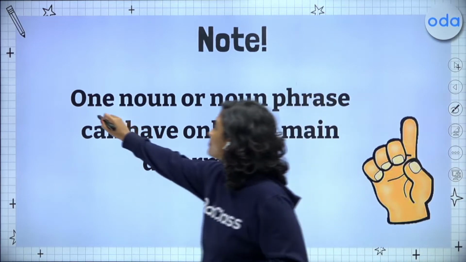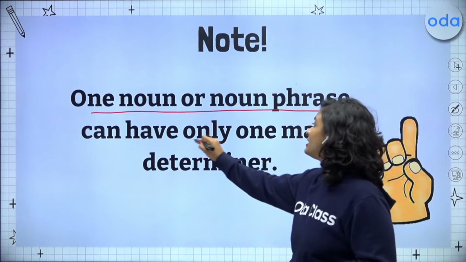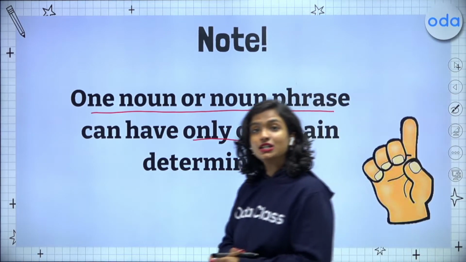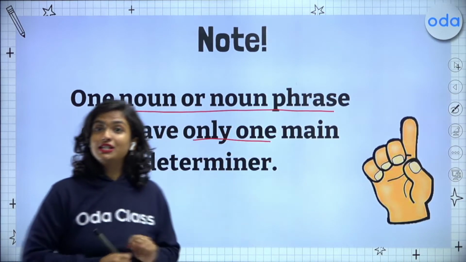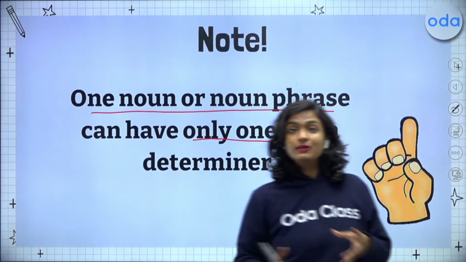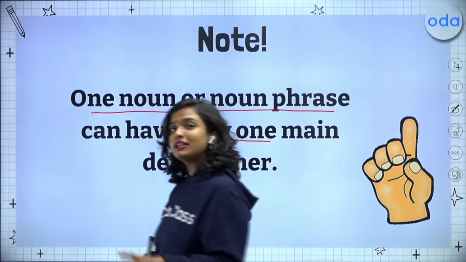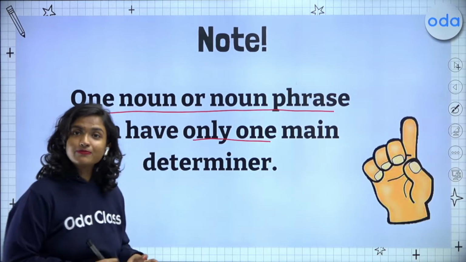One noun or one noun phrase can only have one determiner, one main determiner, which means that if a particular noun has an article that is already modifying it, it cannot have a possessive or a demonstrative.